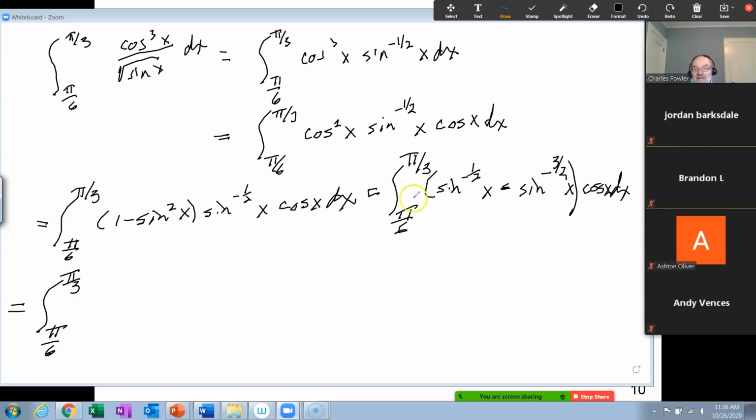Okay. Now, what we're going to do is a u substitution. And I'll probably regret that I put those there. We'll come back and change that in a minute. Let u equal sine x. Then du is equal to, derivative of sine is cosine x dx.